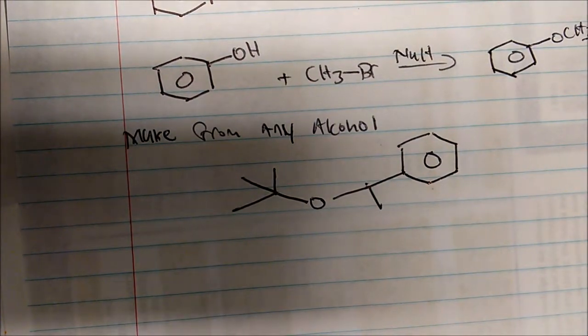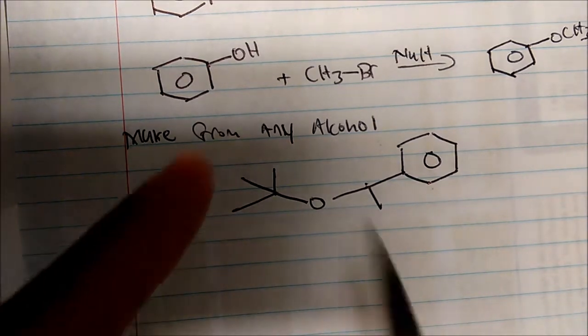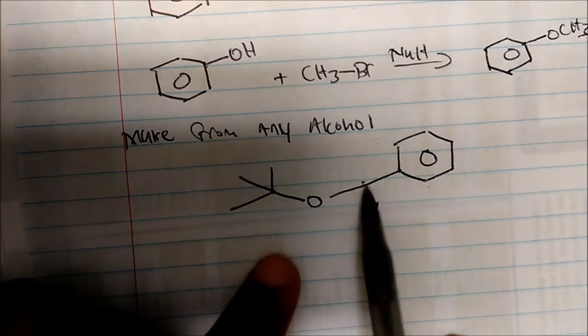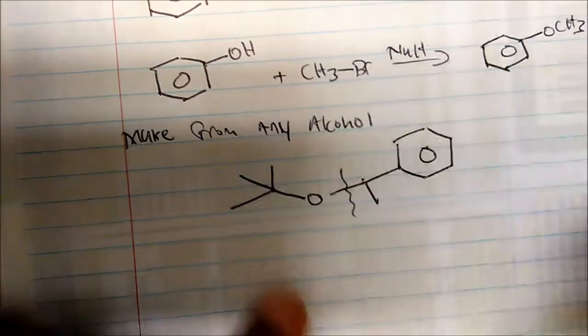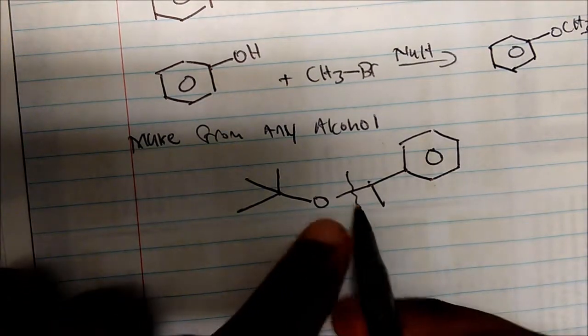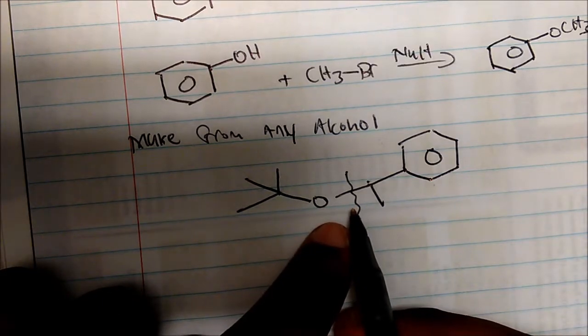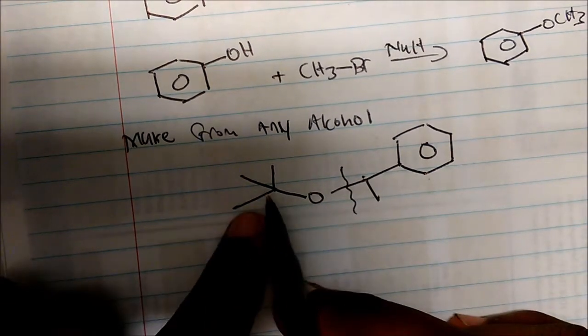Well, again, this is a typical Williamson ether synthesis. So which bond am I going to break? I'm going to break this one or this one? Well, I have to break this one. Does everybody see why? I have to break this bond and create this from an alcohol.